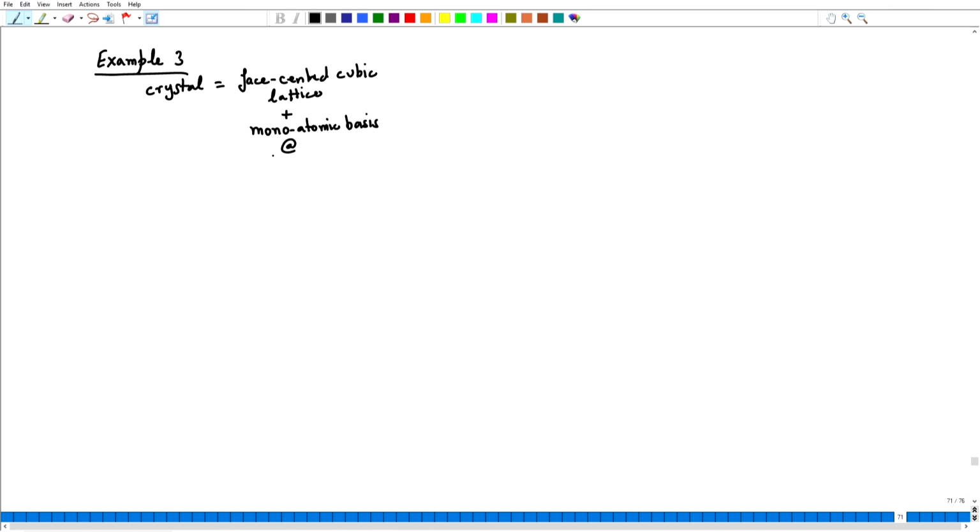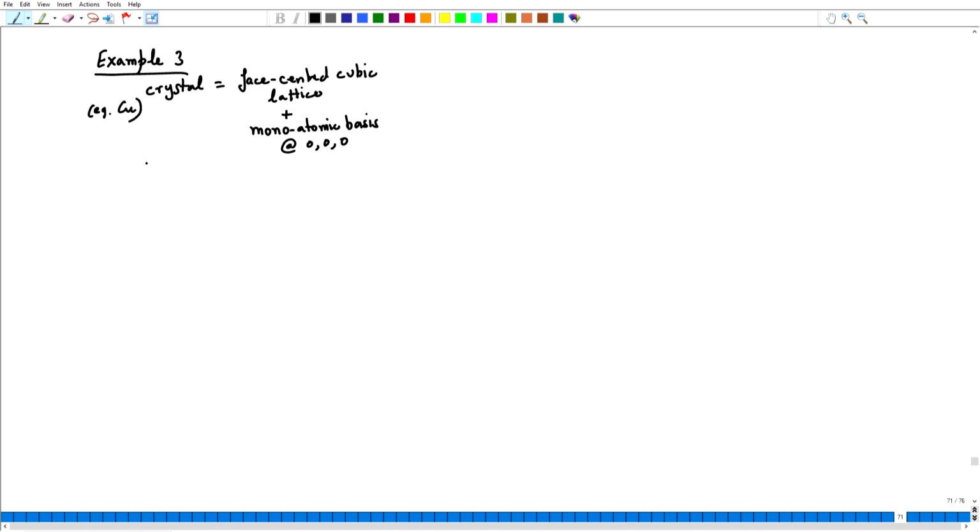So, the same kind of atom at every lattice point located at 0 0 0. But there are going to be many more atoms present because I have 4 lattice points per unit cell. An example of such a crystal could be copper, in which case this lattice would become face centered cubic, but there could be examples in the orthorhombic crystal system as well.